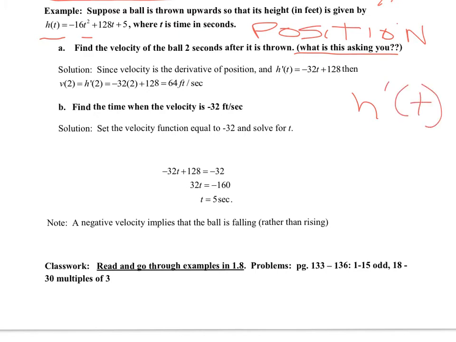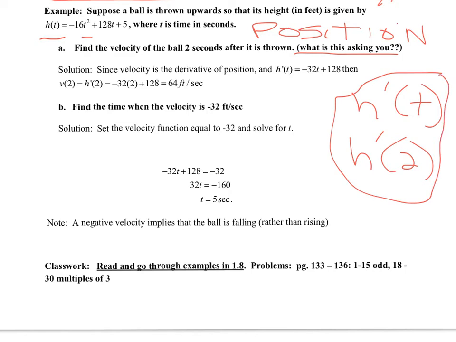Finding the velocity of the ball 2 seconds after it's thrown is evaluating h prime of t at 2. This is what you're doing. These problems are not difficult, but you have to understand what they're asking you to do.